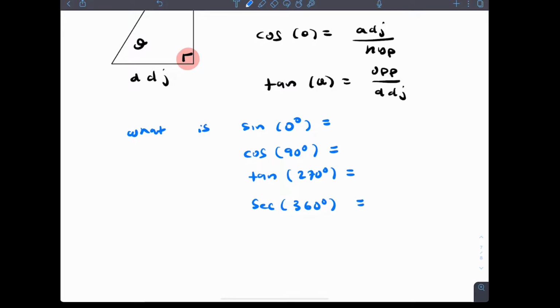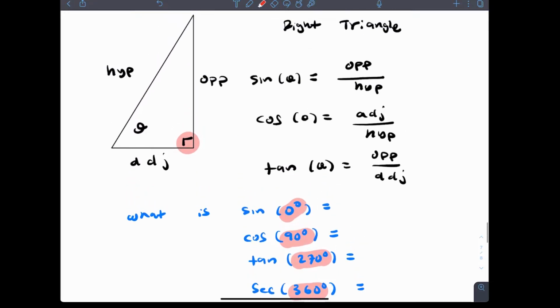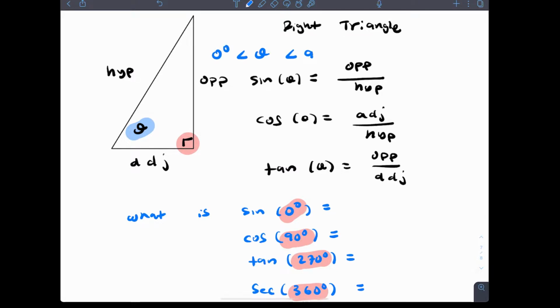Now, notice something here. You see all these angles, like 0 degrees, 90 degrees, 270, 360? All of those angles you can't do from this picture. You guys know what I'm talking about? Because the angle theta that they're referring to is between 0 and 90 degrees.